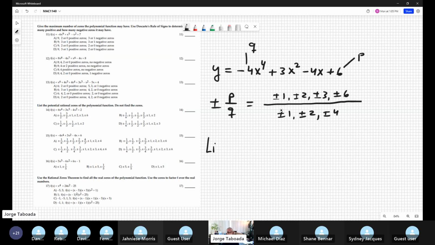And the list, when you format the list using the same idea, same criteria, is plus or minus 1, plus or minus 2, plus or minus 3, plus or minus 6.